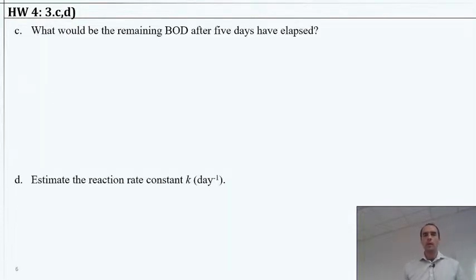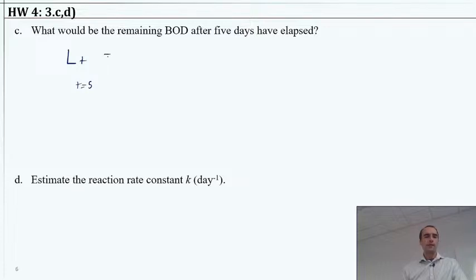So next up, we are asked what would be the remaining BOD after 5 days have elapsed. This is a pretty obvious question, but I have it here to get us thinking about the relationship between the ultimate and the way we run the tests, the 5-day BOD. We're going to say L at some time T, where T is 5.